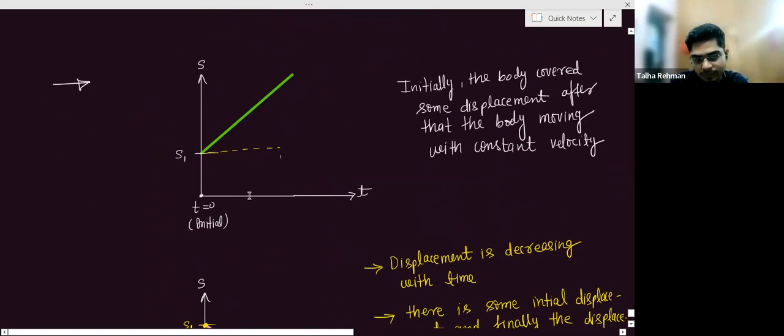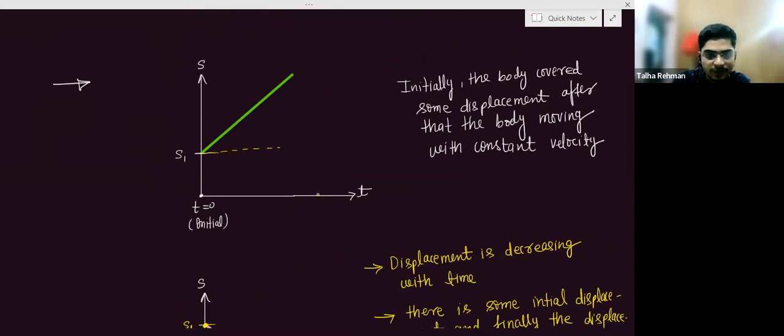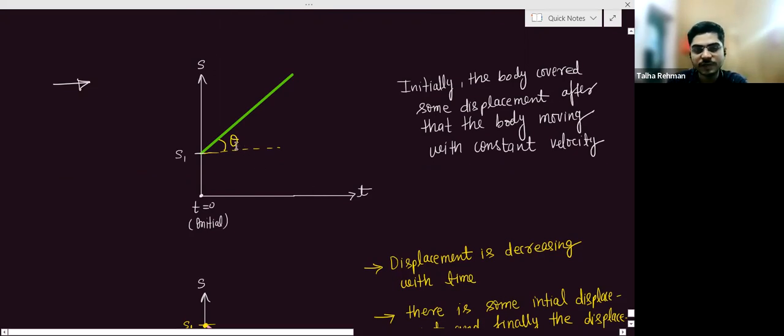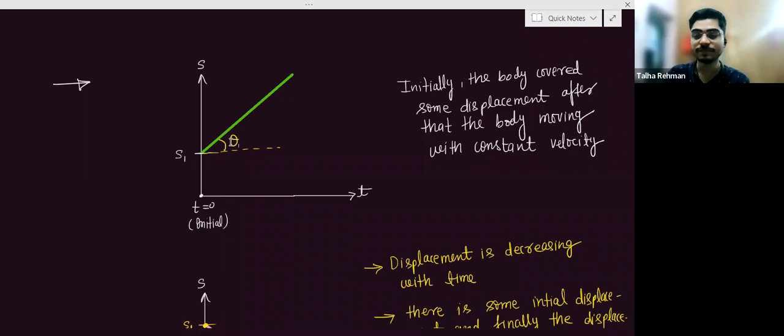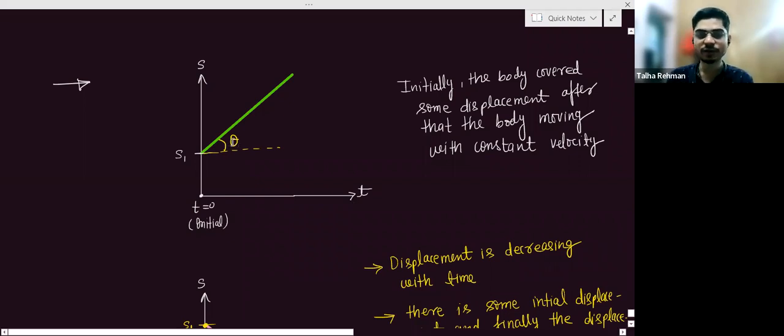This line and this line are parallel, and this is some angle, angle theta. Can you tell me whether this angle will be greater than 90 or less than 90? I am not asking the exact value of theta.